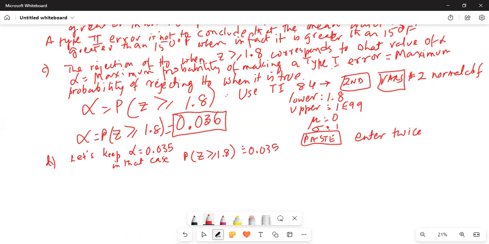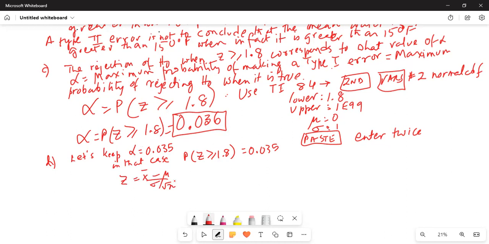So we can write z is equal to x bar minus mu divided by sigma divided by square root of n.